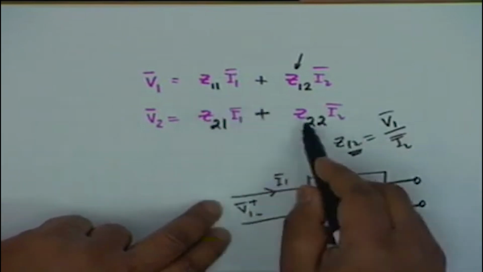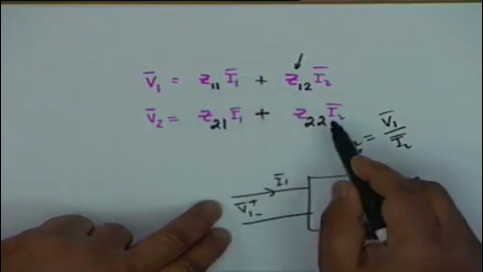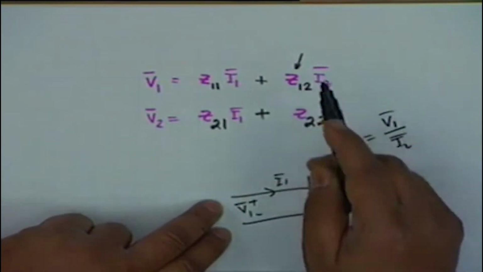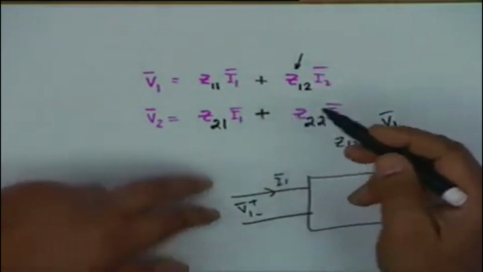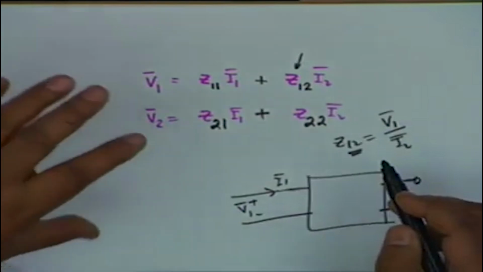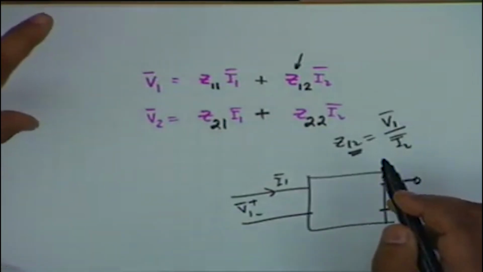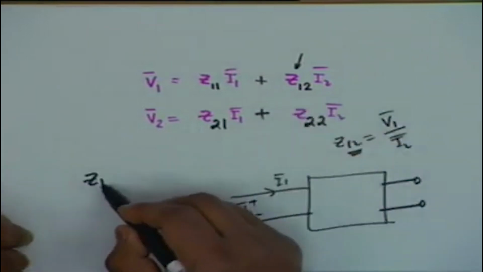You understand why double subscripts? We could have called this Z1, we could have called this Z2, but since we have to use double subscripts for the transfer impedances, we maintain uniformity. And you see that if the network is reciprocal, then what is the condition?